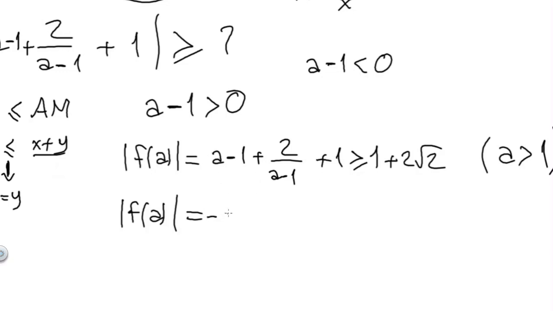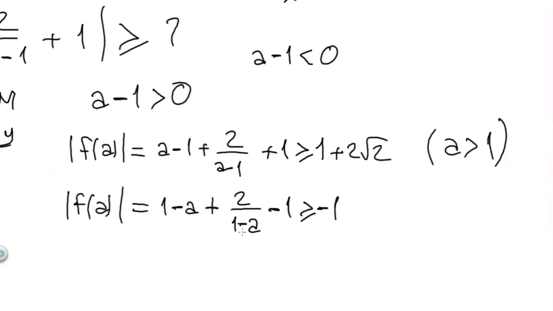So minus A plus 1, let's say 1 minus A, minus 2 over, or let's say plus 1 minus A, and minus 1. Okay, so greater or equal then. I'm again just keeping this minus 1. And so I will again just use the same thing.